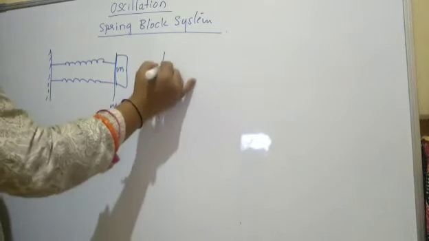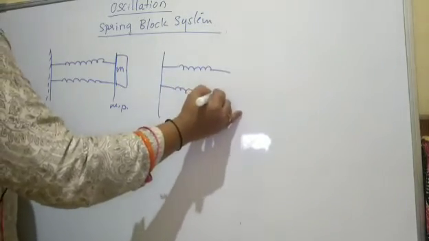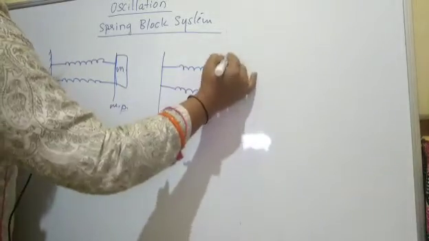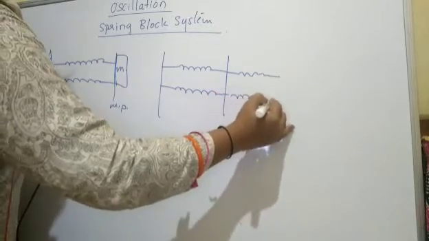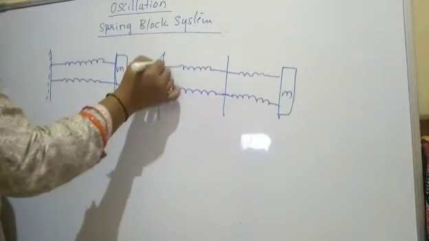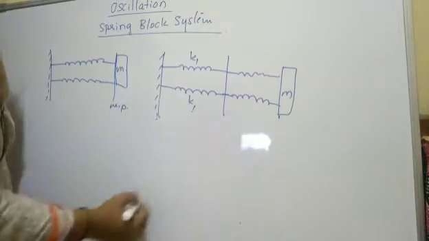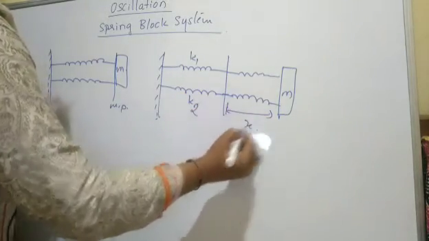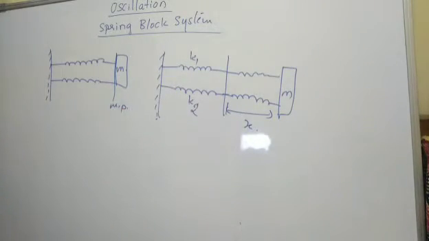Once displacement takes place from the mean position by a certain distance, for the same load, this is spring 1, this is spring 2, K2. So this is a displaced position. The displacement is the same for both springs, and the body is also the same.